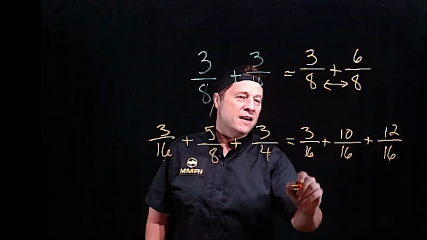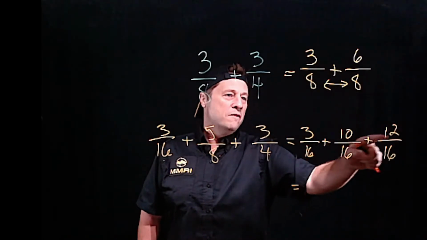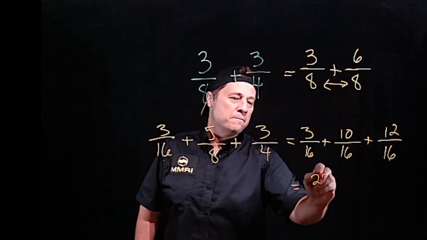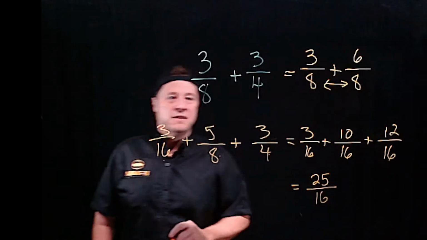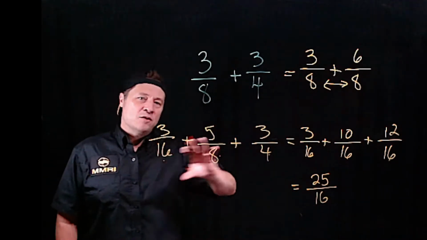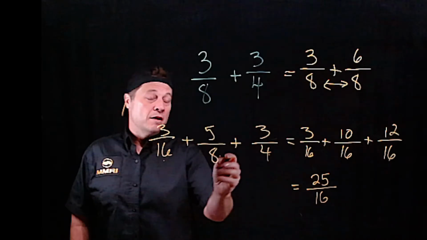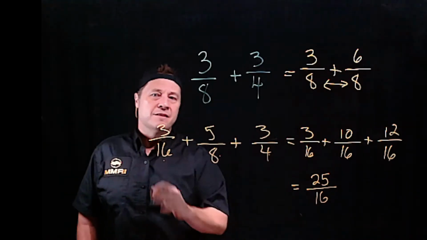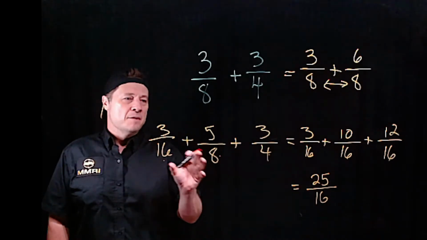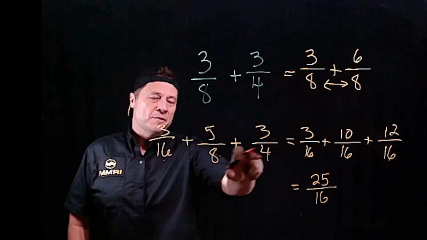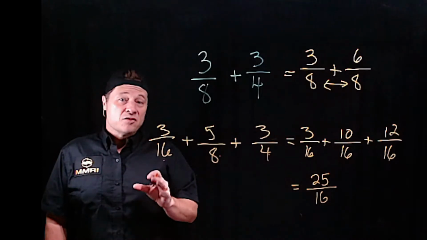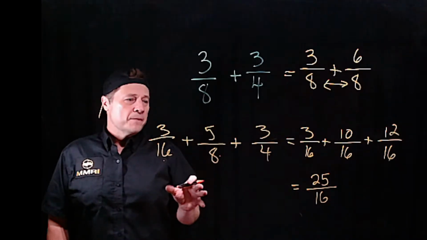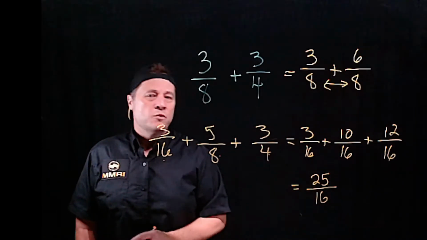And now I can add up the 3 plus 10 plus 12, 22, 25 16ths. To add those fractions together, we need to find the common denominator. It's a number that each of the denominators will go into. So right now that leaves us with 25/16.